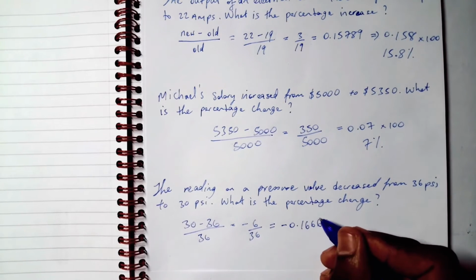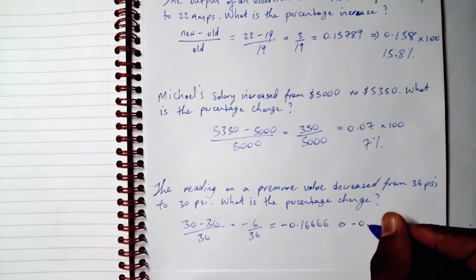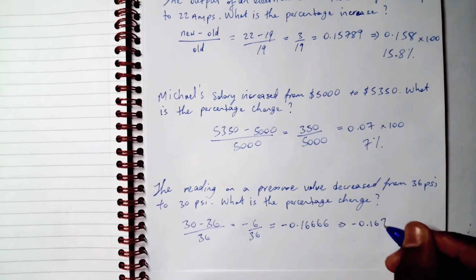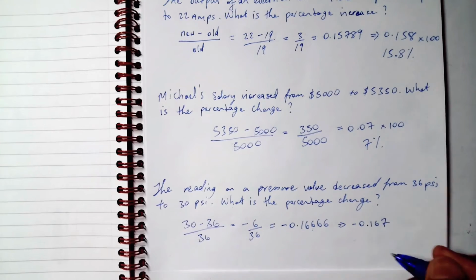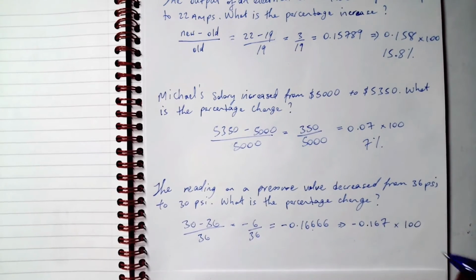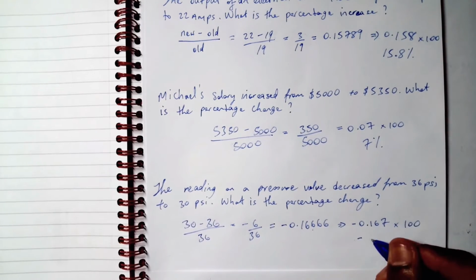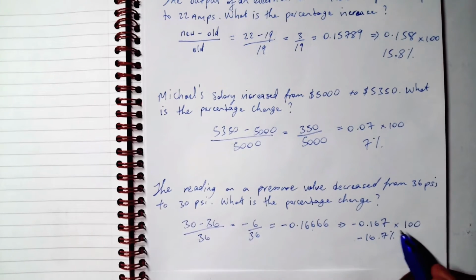Round this to 3 decimal places. We're going to get minus 0.167 because the fourth decimal place is greater than or equal to 5. The third, 1, 2, 3, we add 1 to it. Now, to convert to percentage form, we multiply by 100, which results in minus 16.7%. So we see that there is a negative growth of 16.7%.